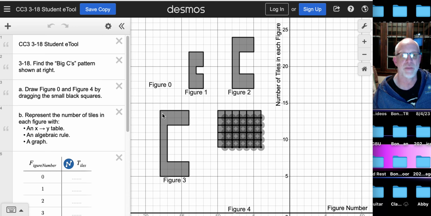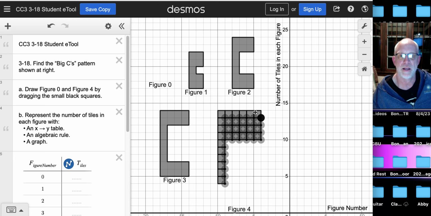I looked at this strip. I saw 1, 2, 3, 4, 5, 6, 7, 8, 9. So I knew it was going up by 2 every time. So then I figured for this one it would be 1, 2, 3, 4, 5, 6, 7, 8, 9, 10, and then 11.